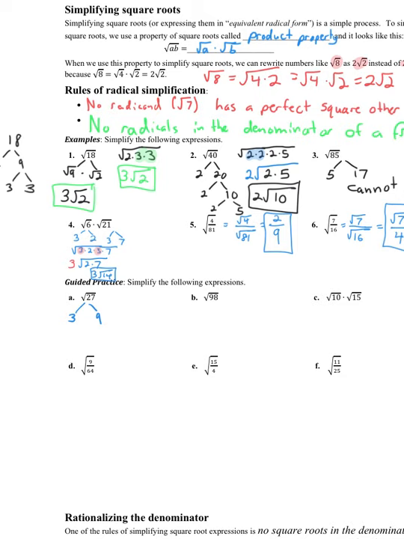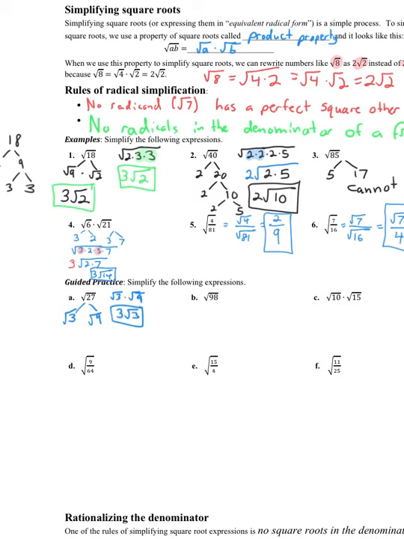So the first one, part A, you can break it down to 3 and 9. And this is kind of what I like to do, where I like to say, hey, that's square root of 3 times square root of 9. And then I see, hey, I know square root of 9 is just a 3, so I'm going to end up with a 3 root 3 there.